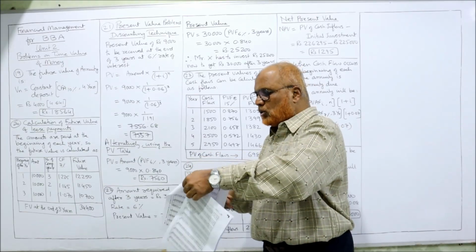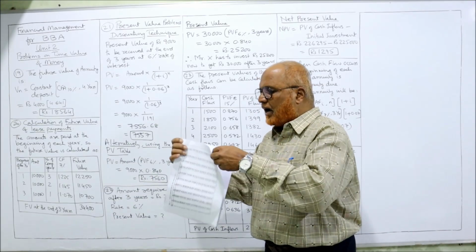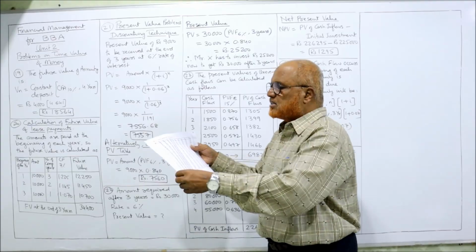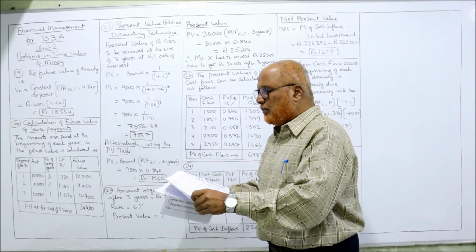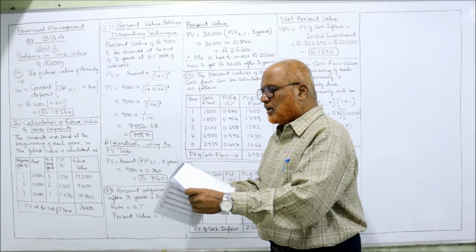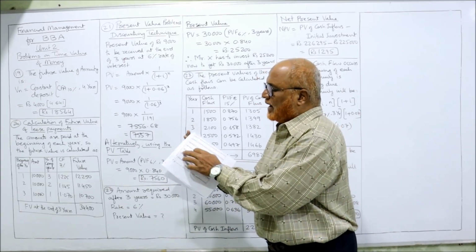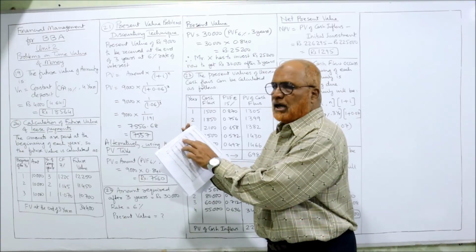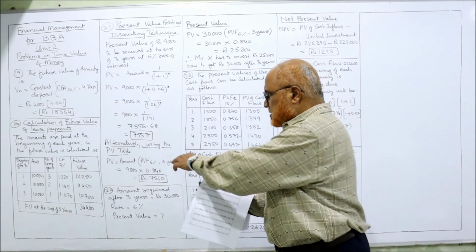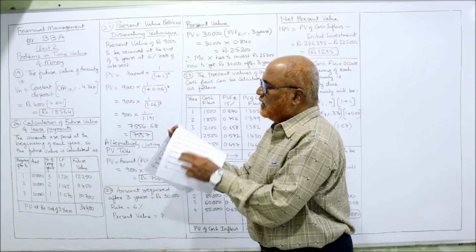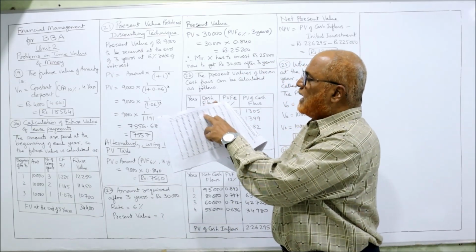You can see two tables are there, compounding value and present value. The first 3-4 pages are compounding only. Leave the compounding pages. Then come to present value. The factors for present value of future amount, that is PVF. So we need 6% 3 years.